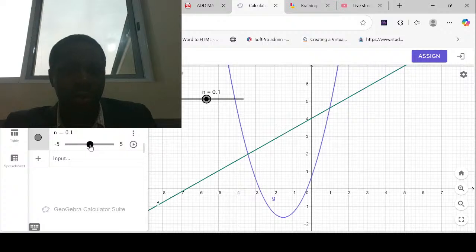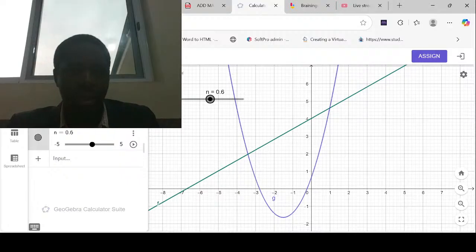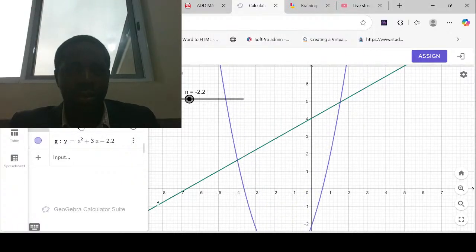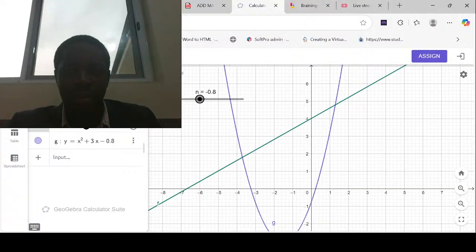So now if I adjust it, you get it now, n is changing. So the value of my n will change depending on my slider. Do you get it now? You see it's also affecting the graph. This is very interesting.